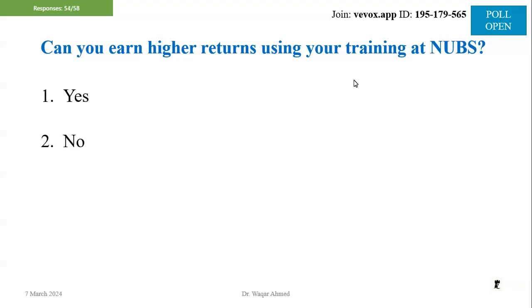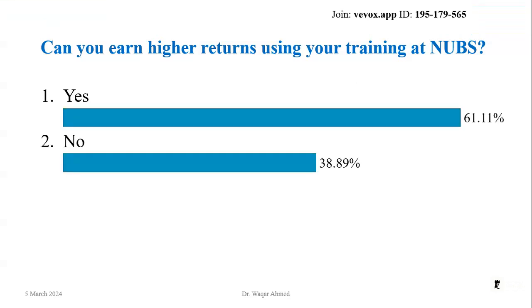Okay, good. So let's see what you guys think on this one. Good. So yeah, that's certainly interesting. So it's now 60% of you who think you can make money, but the 40% don't think that they can make money.